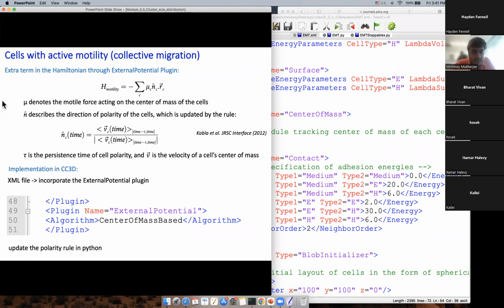Here we add the motility term, where n is the polarity direction of the cell, or is their position vector. Mu is the strength of the force. This is the motile force acting on the center of mass of the cell, and as I mentioned, n cap is the polarity. So the collectiveness really depends on how you update the polarity rule.